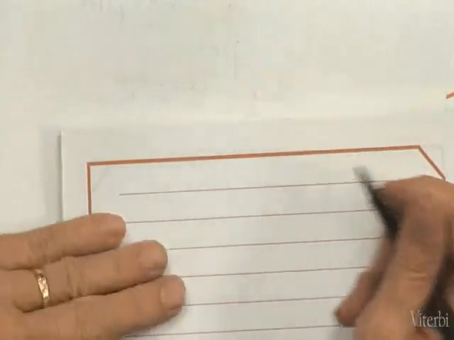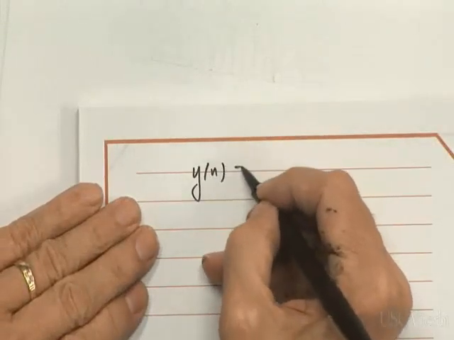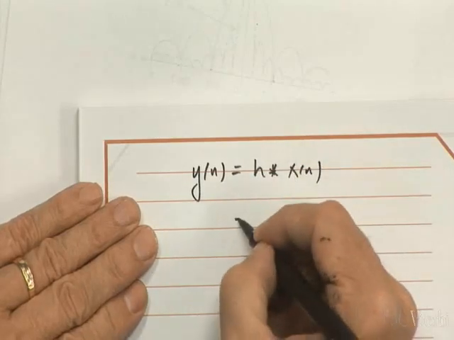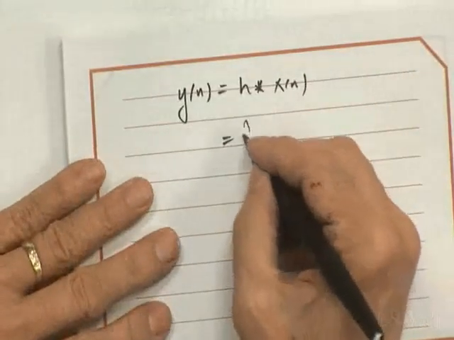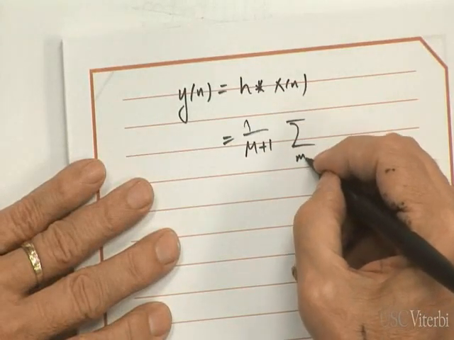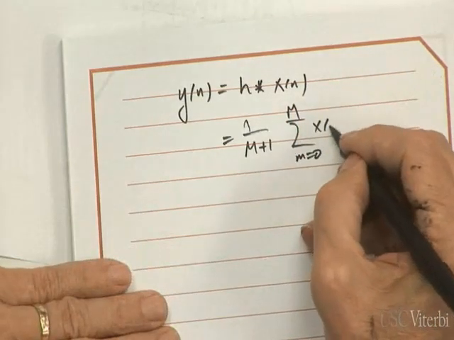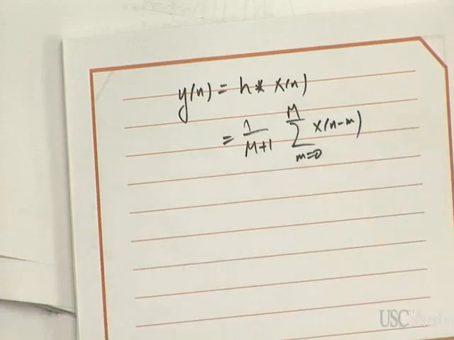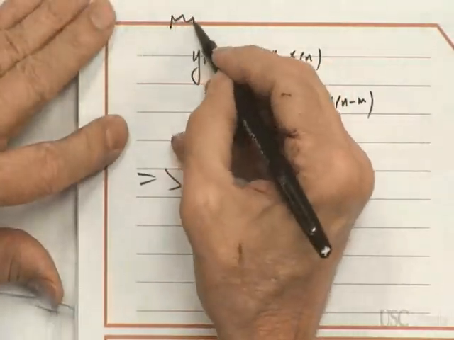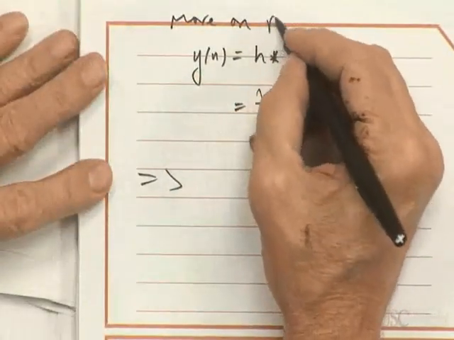So we see that this filter, y of n, is equal to h convolved with x of n, which is equal to 1 over M plus 1 times the summation from m equals 0 to M of x of n minus m. We discovered more on the running average filter.